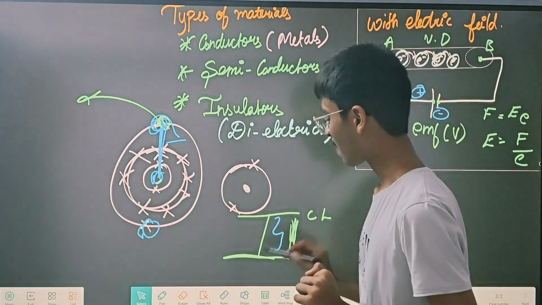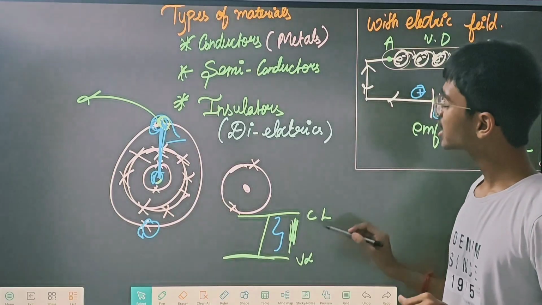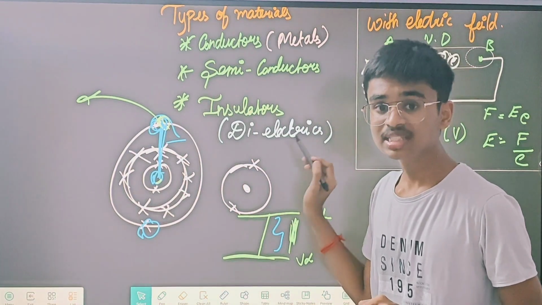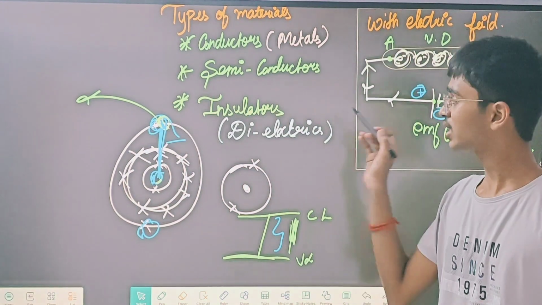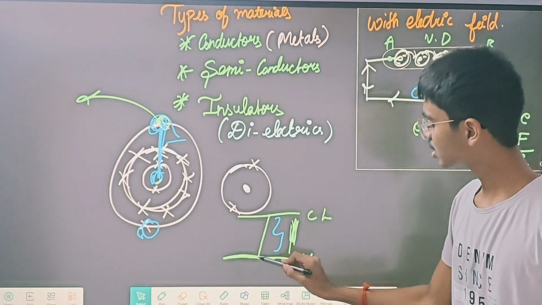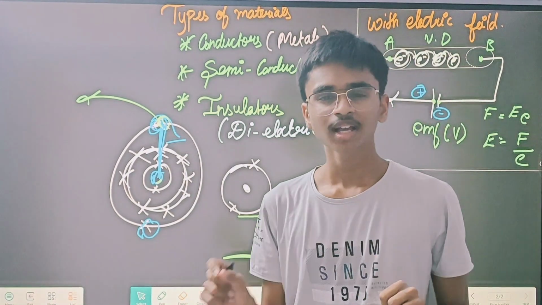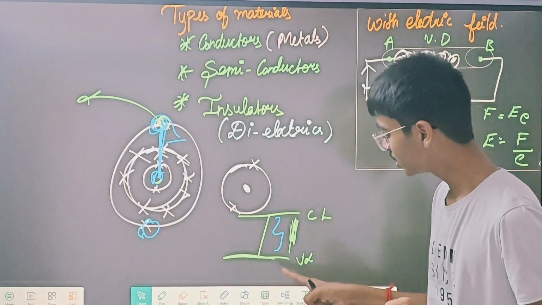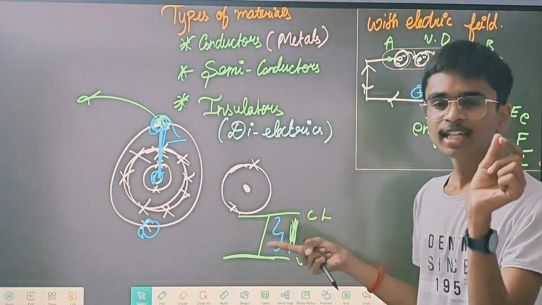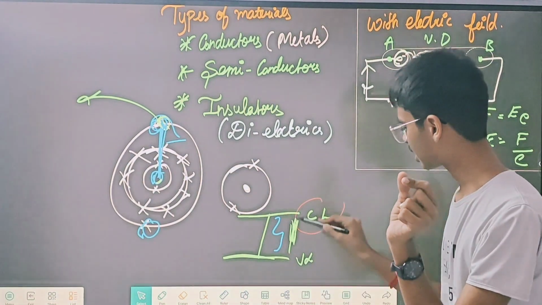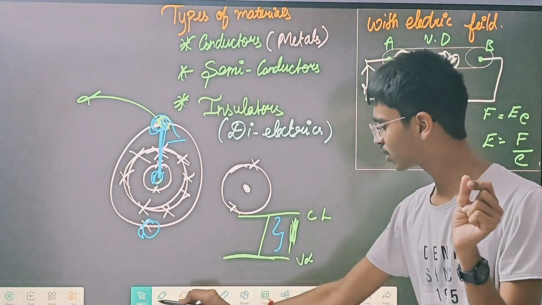So this is what is happening with insulators. That is why insulators cannot conduct. But also, you can see the possibility that insulators can conduct if they come to this particular energy state, at this particular level.